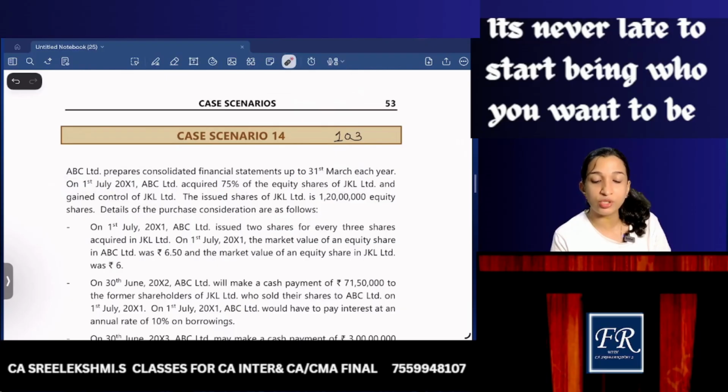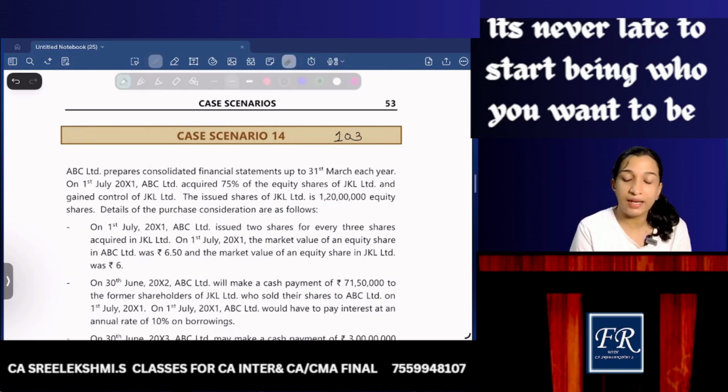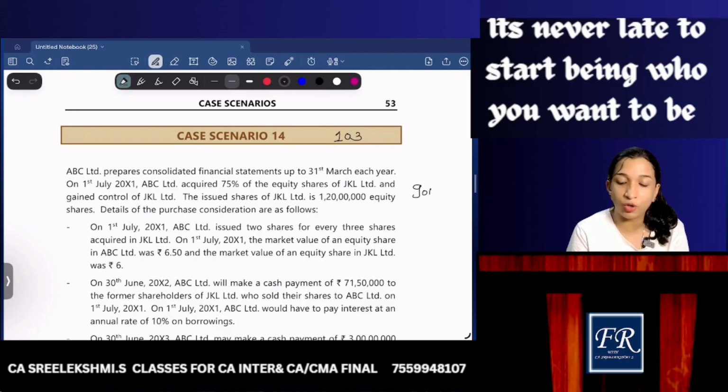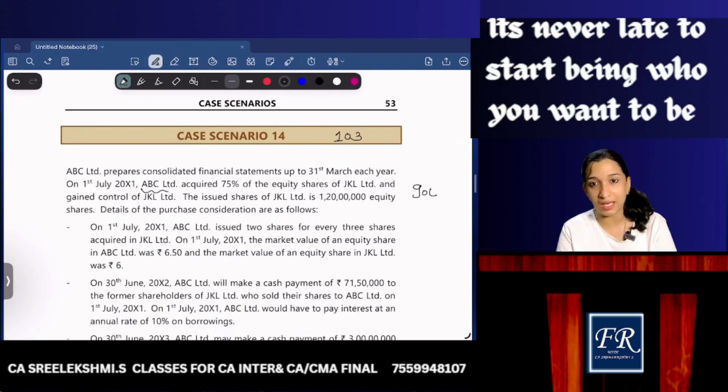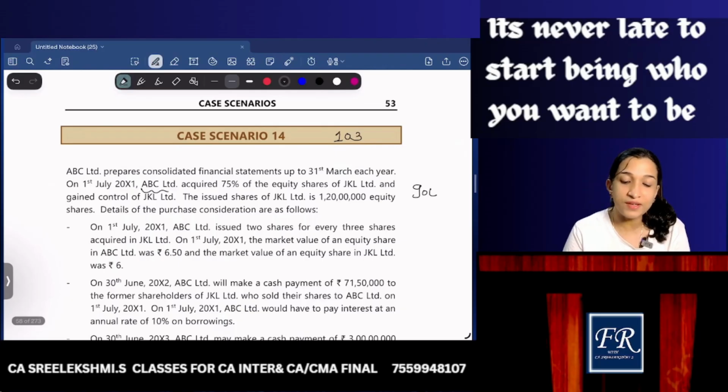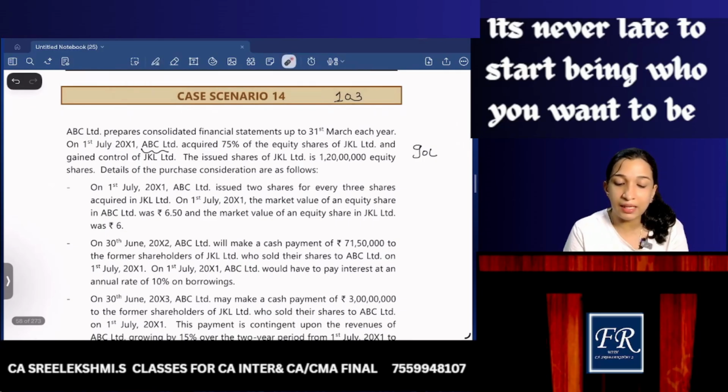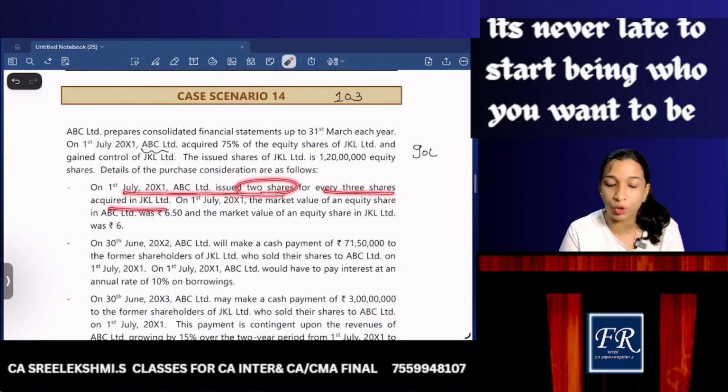The issued shares of JKL Limited is 120 lakhs equity shares. So you should understand 120 lakhs into 75%: 90 lakh shares are acquired by ABC Limited. On 1st July, ABC issued 2 shares for every 3 shares acquired.